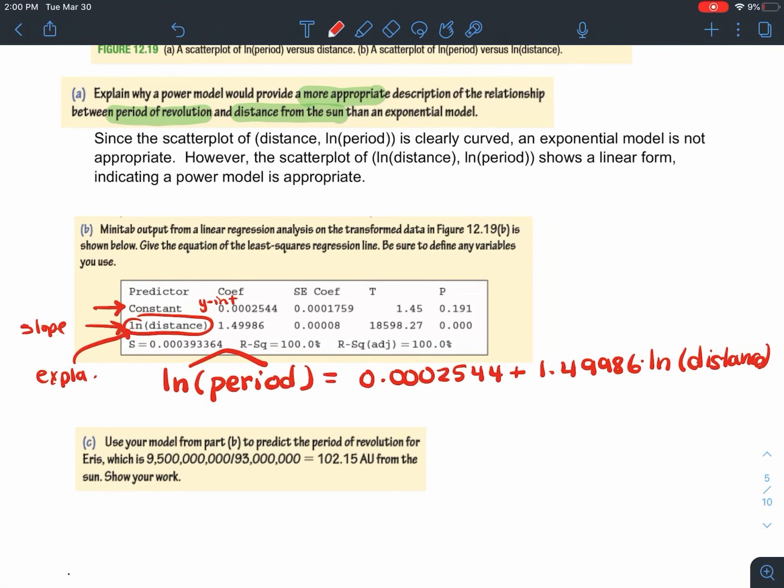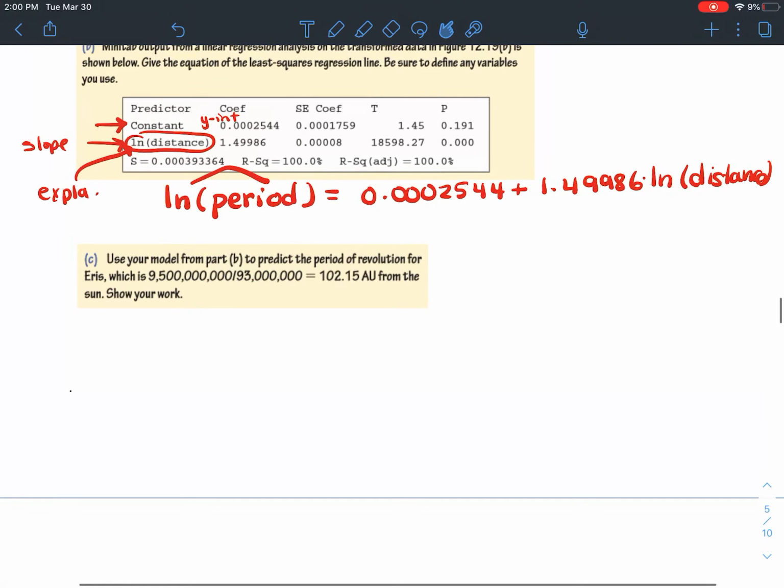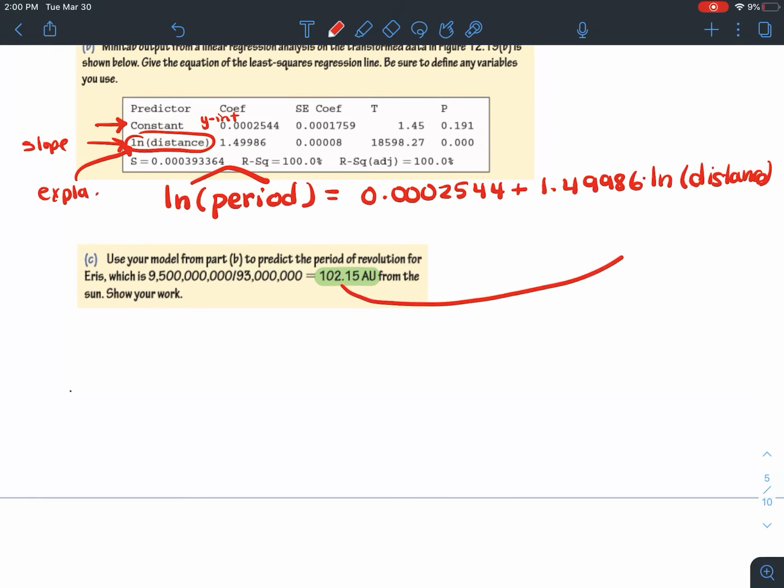Now moving down to part C, it says use that model from part B to predict the period of revolution for Eris. Now the distance for Eris, which is illustrated by this calculation here, is roughly 102.15 astronomical units. So we're using that number to plug in as the distance from the sun.